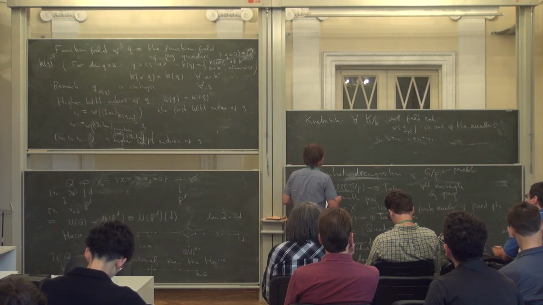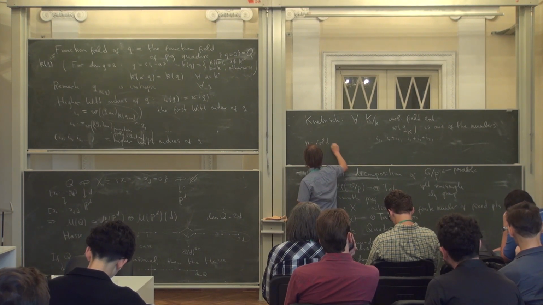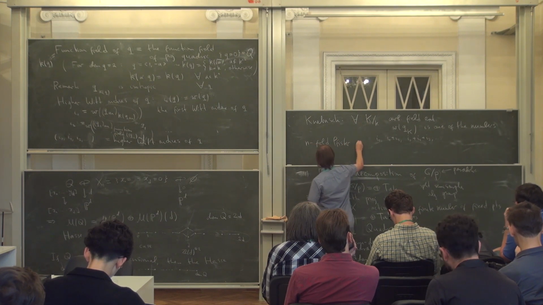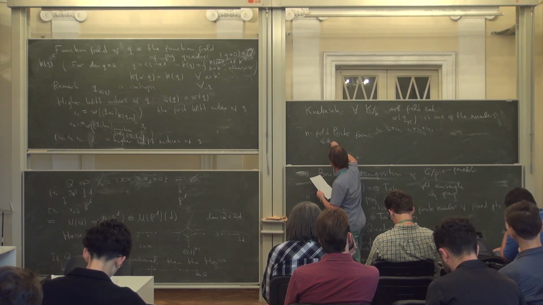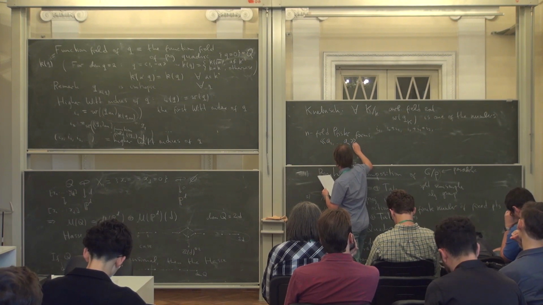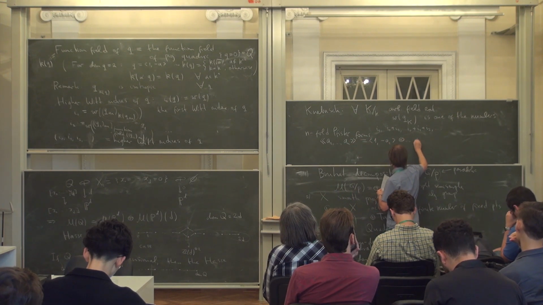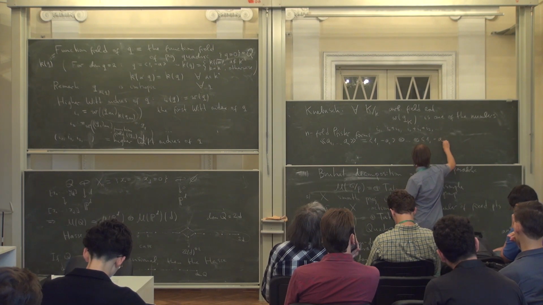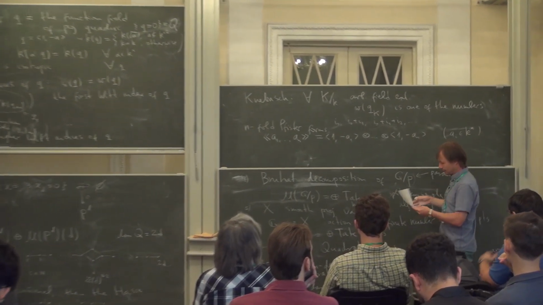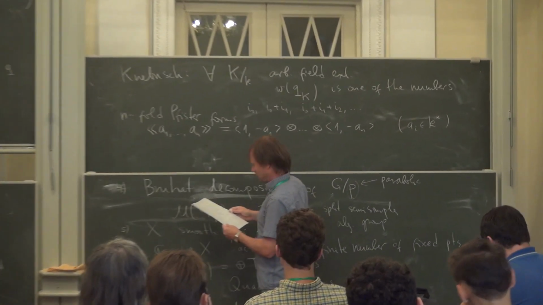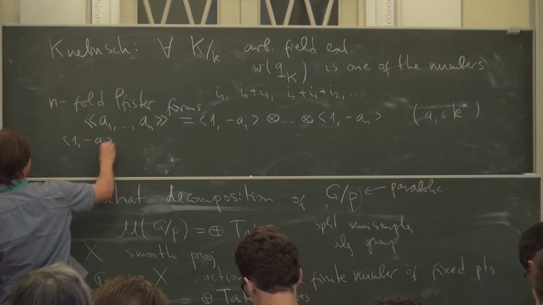Well, now of course we will need the Pfister forms. Everyone knows them, but it's just one line, just to fix the notation. The a_i are invertible scalars. For instance, if n is 1, it's this form.